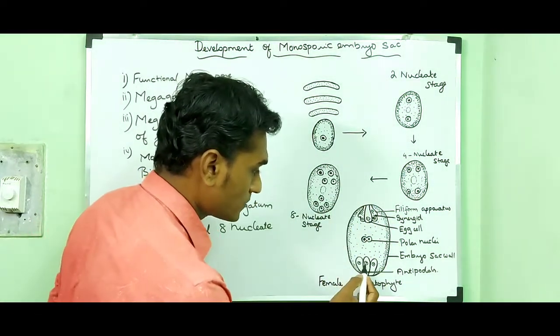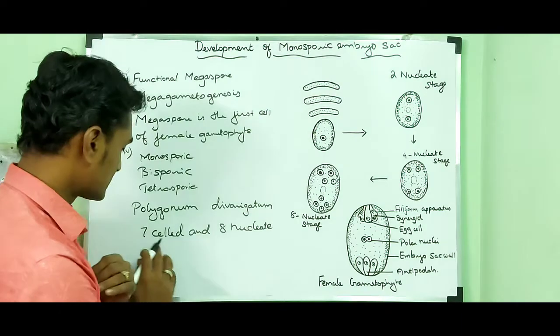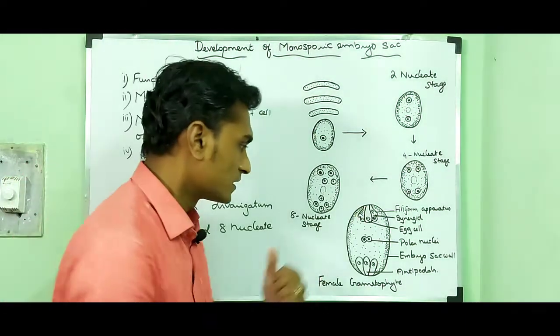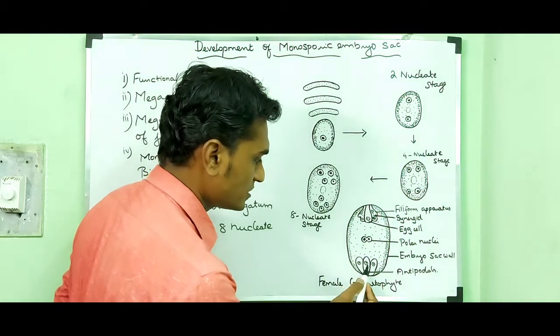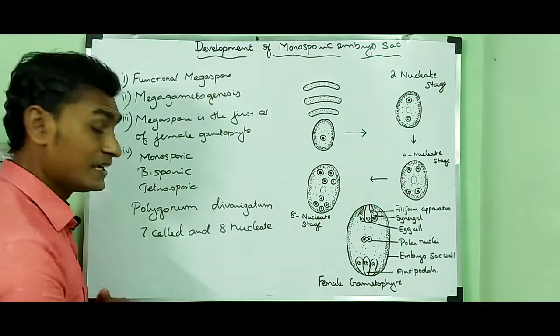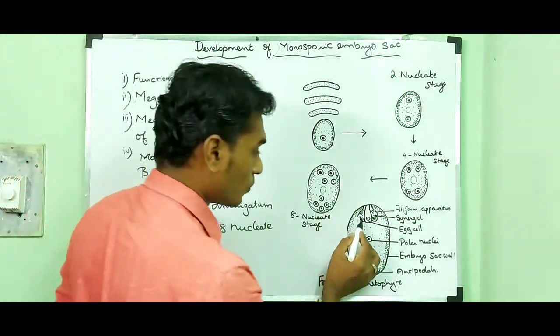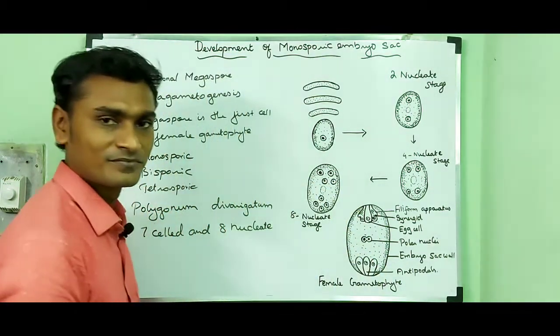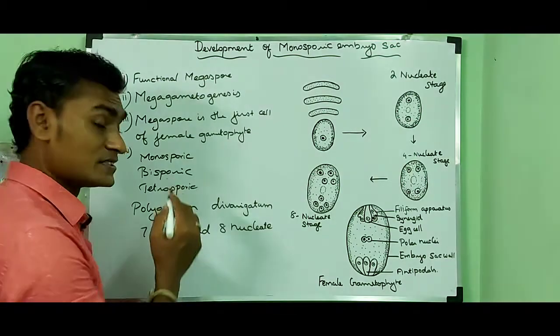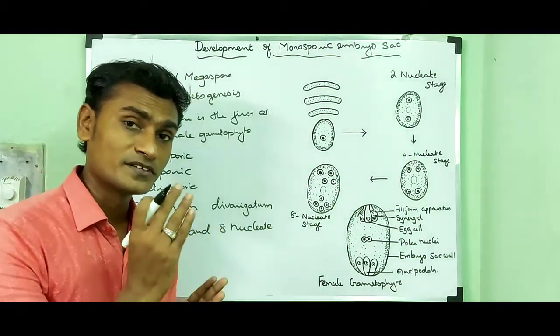4, 5, 6, 7 cells, and 8 nuclei: 1, 2, 3, 4, 5, 6, 7, 8. This type of embryo sac was first reported in the plant Polygonum divaricatum, so this 7-celled, 8-nucleate type is called the Polygonum type of embryo sac.